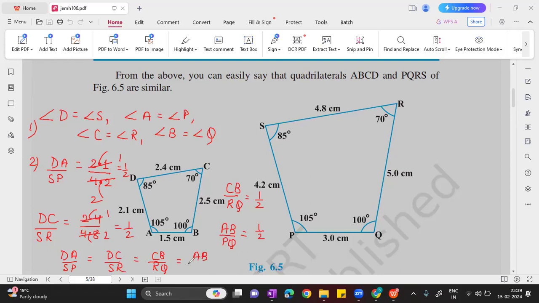They all are proportional. Why? Because their ratios are coming the same: 1 by 2, 1 by 2, 1 by 2, 1 by 2. So because both the conditions got satisfied, will you not say that the two quadrilaterals are similar? Yes, the two quadrilaterals are similar. I hope it is clear. Okay. So let's go to the next thing.